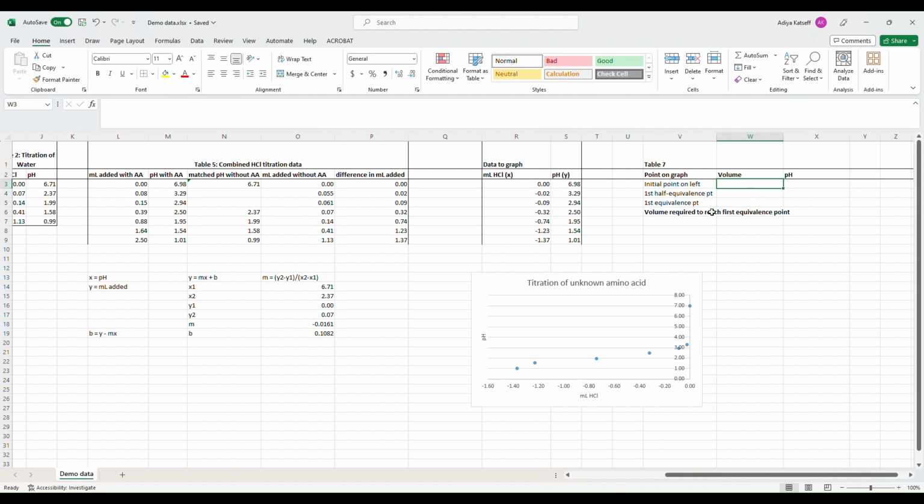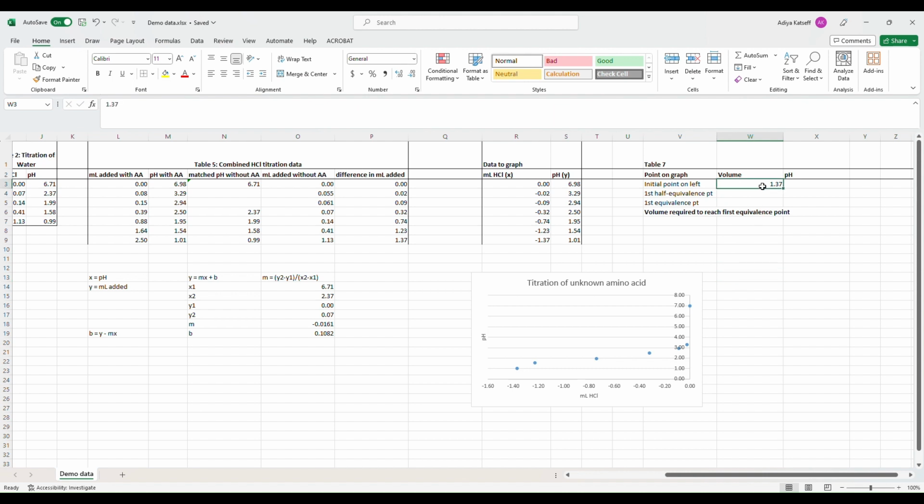So we're looking at first the initial point on the left of our graph. That's sort of the not quite equivalence point where we started, and that's going to be the very most negative number here. But in this case, we're actually looking at the volume added, not the volume difference. So we're going to take away our negative sign. So we're at 1.37, and that's mL of HCl.